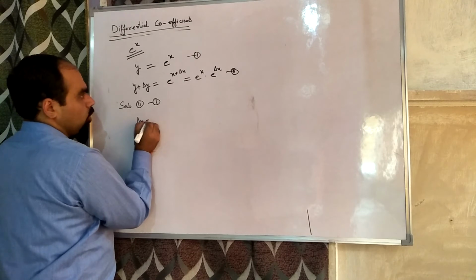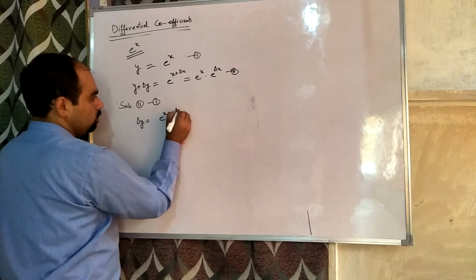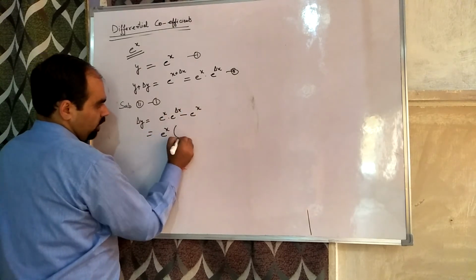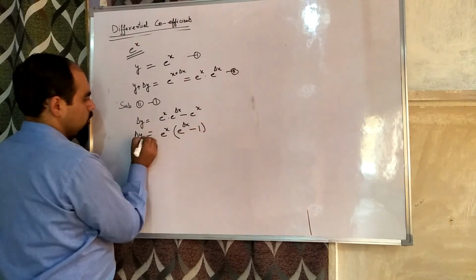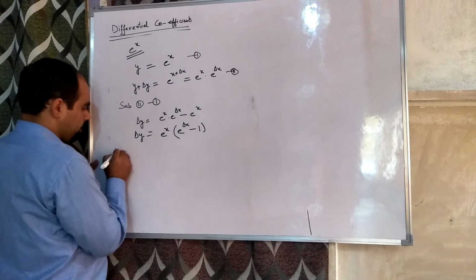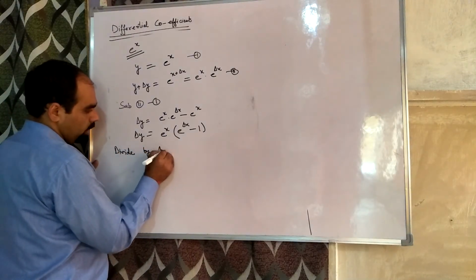Delta y is equal to e^x, e^x बाहर आ जाएगा. ठीक है? This is what we have done. Next step is divide by delta x.